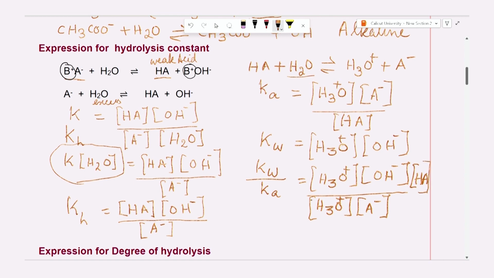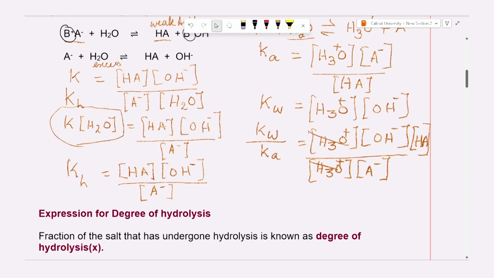Now, cancelling the common terms, both get cancelled and you get the expression as concentration of HA into concentration of OH minus, whole divided by concentration of A minus. Just compare these two. These two are the same.